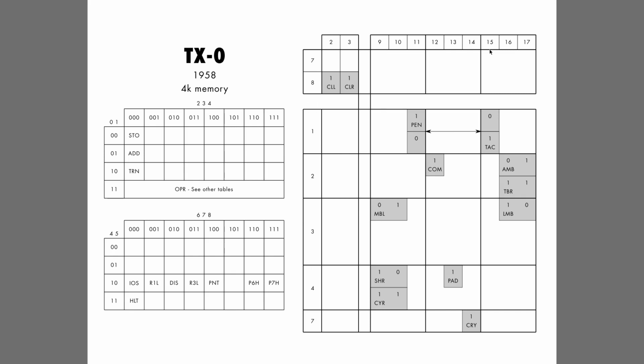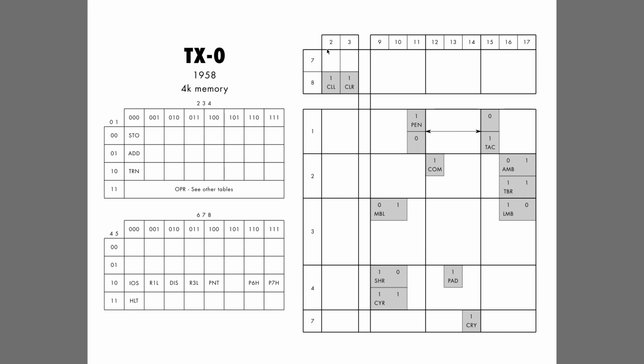So the upper table here is for cycle 0 and the lower table is for cycle 1. The number on the left indicates at which time pulse these operations happen. So let's look at an example.